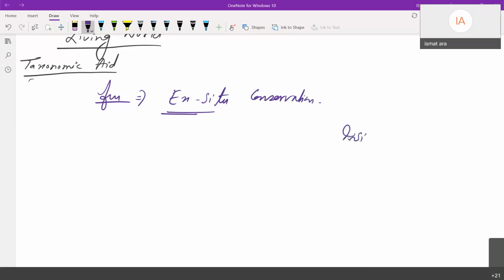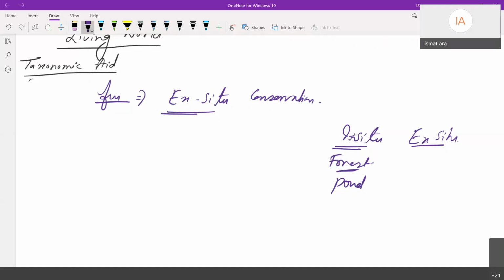One is in situ, other is ex situ. In situ means naturally conserved, like forest. In a pond, aquatic animals and aquatic plants are naturally conserved. No one is looking after them; nature is looking after them. But ex situ means you have artificially created the environment and human beings are looking after them. So zoological park and botanical garden are two examples of ex situ conservation.